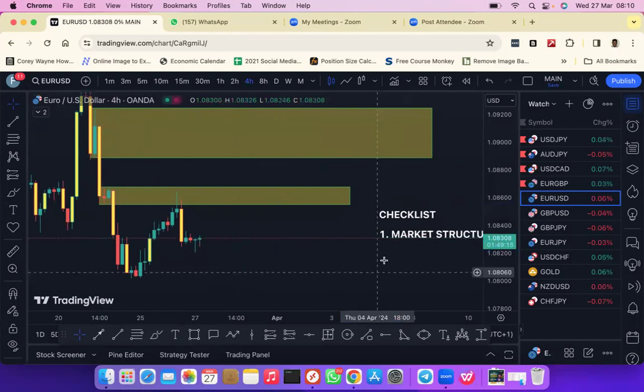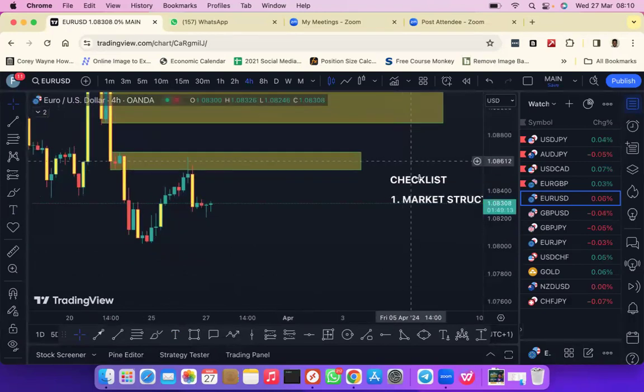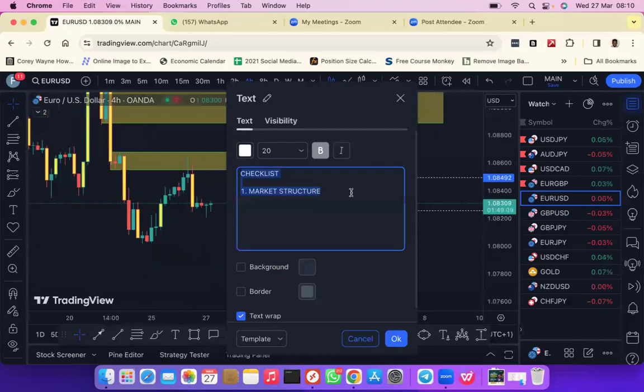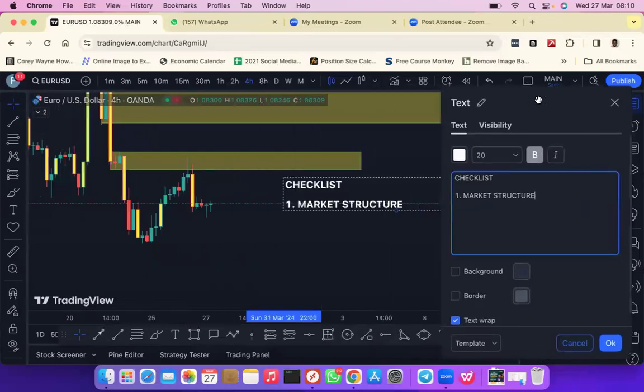When I understand market structure, I'm looking for the direction of the market. Is the market bearish or bullish? When I figure out market structure and understand the momentum of price, then I spot demand and supply.